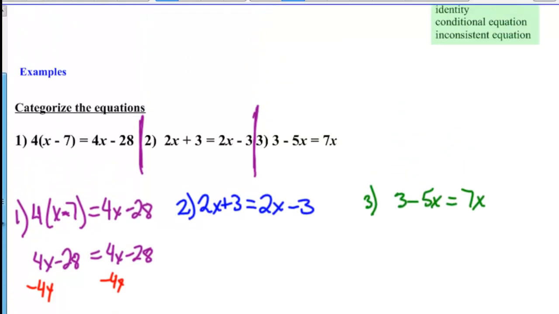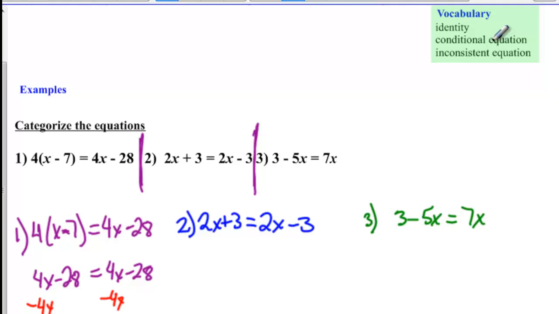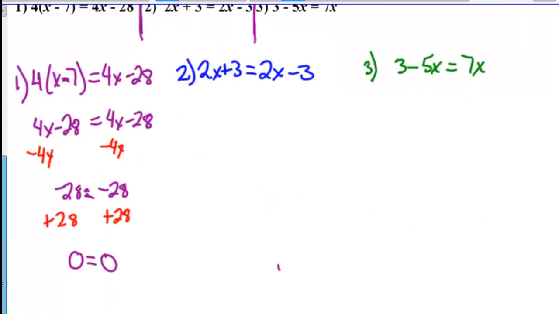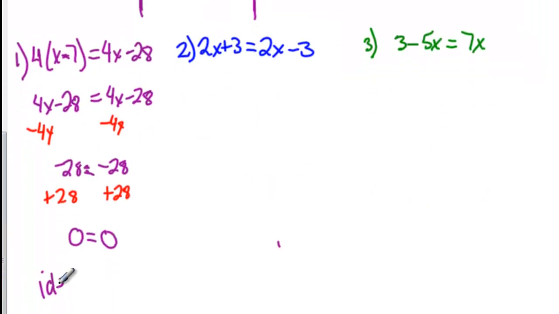So your options are, that's an identity, a conditional equation, or an inconsistent one. Which one do you think it is? It's an identity. Right. If you had recognized that the 4x's were going to cancel because it was identical on both sides, you could have said it was an identity at that point.